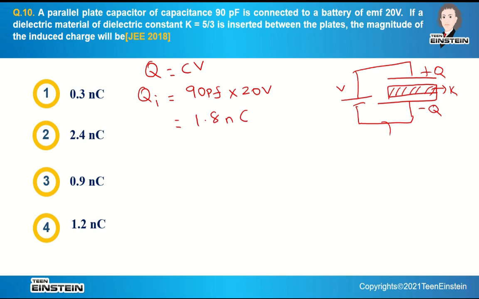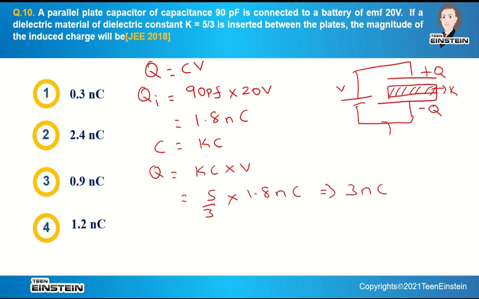When the dielectric is inserted, your C will become KC, multiplied by the dielectric constant. So your Q will become KC into V. This will become 5/3 into 1.8 nanocoulombs. On solving this, you will get 3 nanocoulombs.